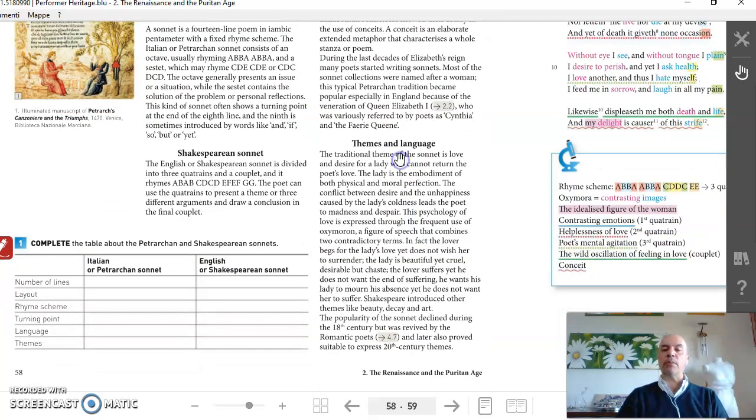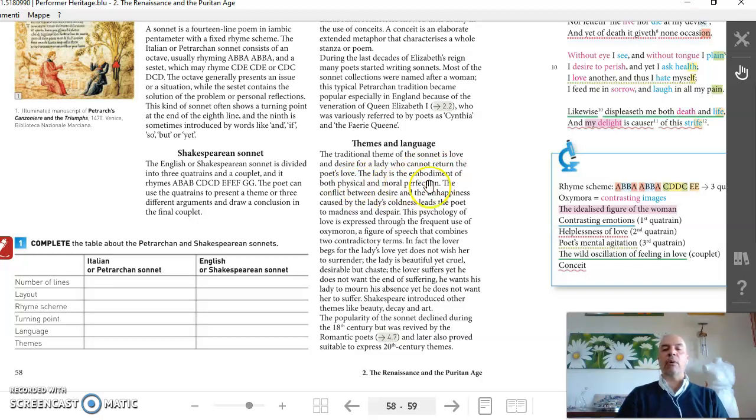The most important themes: the most important is love, of course, and desire. In these sonnets, the desire of the poet for a lady is enormous, a huge desire, but many times the beloved cannot return the poet's love.